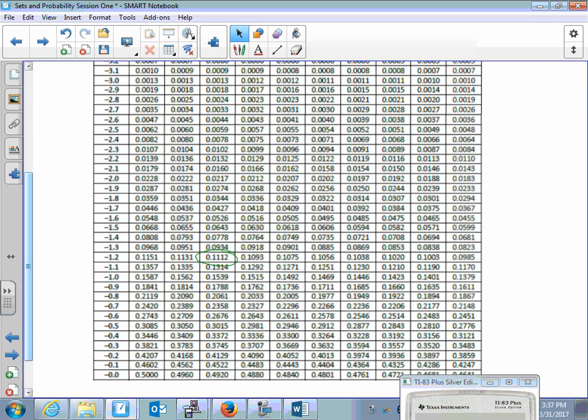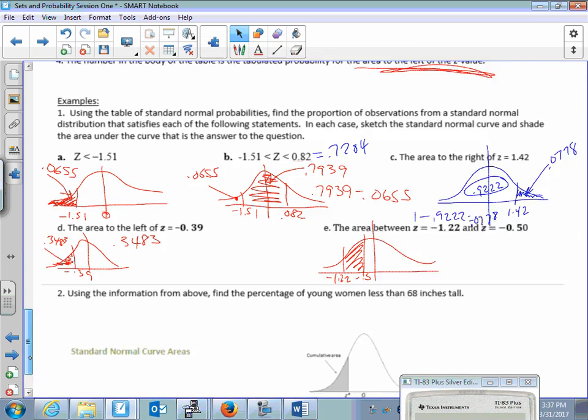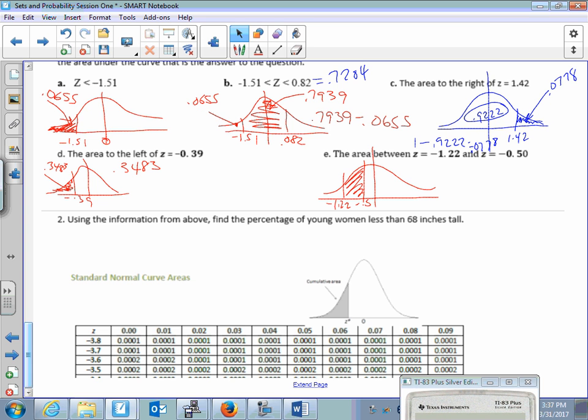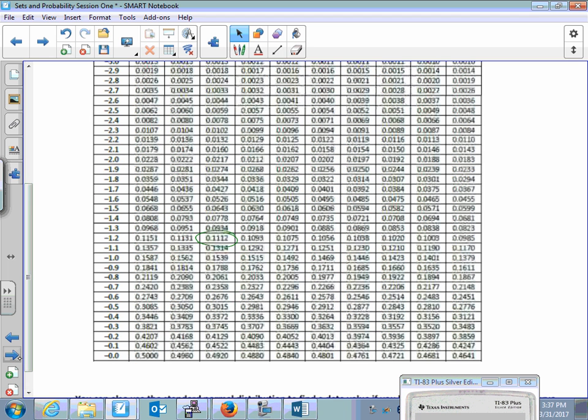I think I can remember that. Let's go back anyway. So from here on down, we have 0.1112. Now the other one is negative, oh, that was 1.22, right? So it'll be from there. Now negative 0.5. So we go back to negative 0.5, and that would be right here, 0.3085.